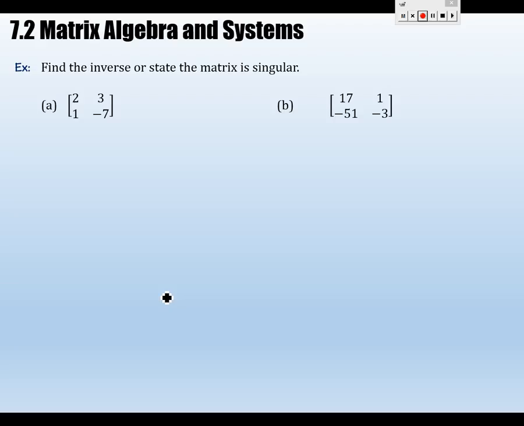Yes, you successfully got the inverse for the first one. Welcome to math class. Good to have you.